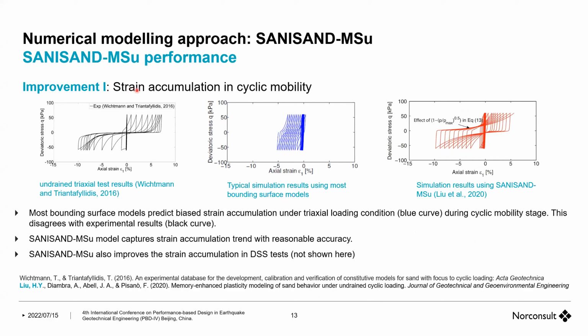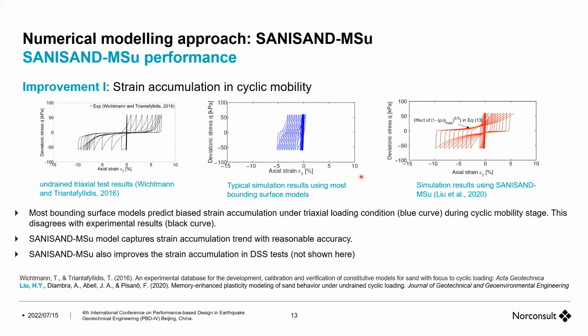Improvement one of this model is that strain accumulation is more accurate in cyclic mobility. This is some experimental data that shows the accumulation of stresses and the axial strain.